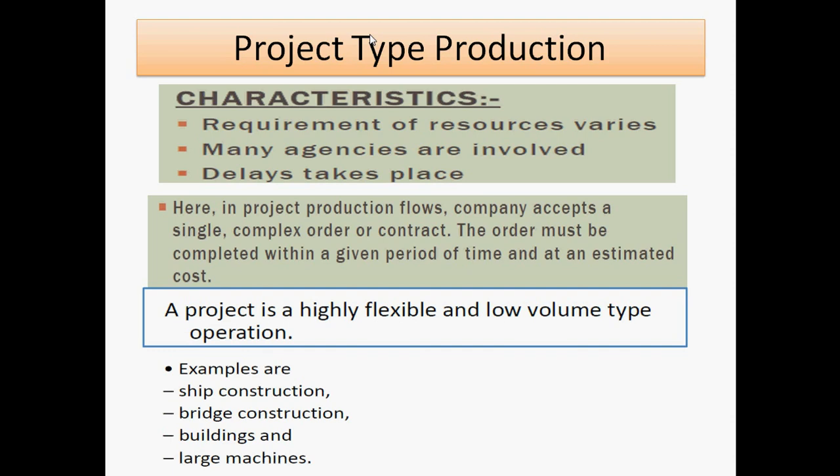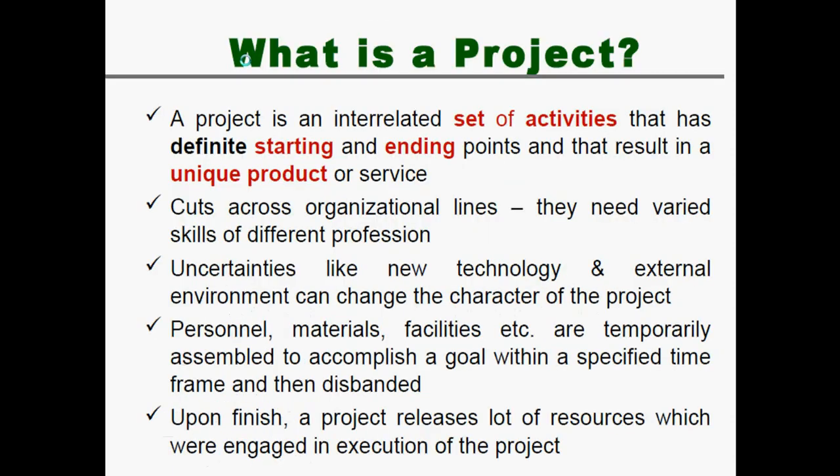These are the important types of production systems we discussed. Now we are going to discuss what is meant by project. If there are any queries, please ask me. Otherwise, we move on to the next point, that is about project.